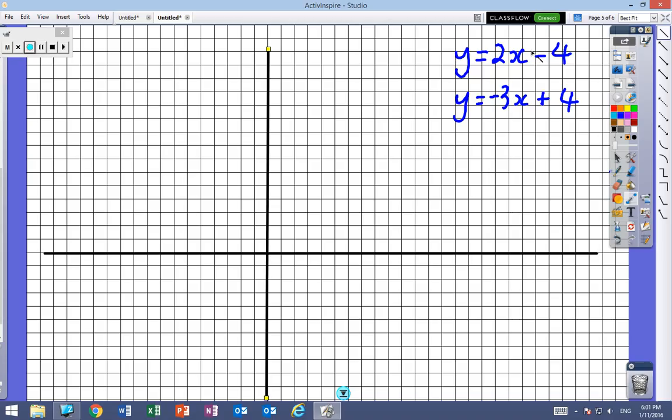So we know that this one, we've already plotted it, looks something like go to minus 4 and go up 2, go to minus 1, 2, 3, 4, go up 2 for everyone. It looks like that, if you remember. We plotted it and it looked like that. And the other one, up 4, go down 3 for everyone.